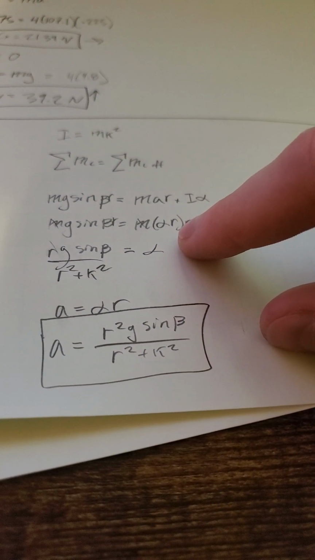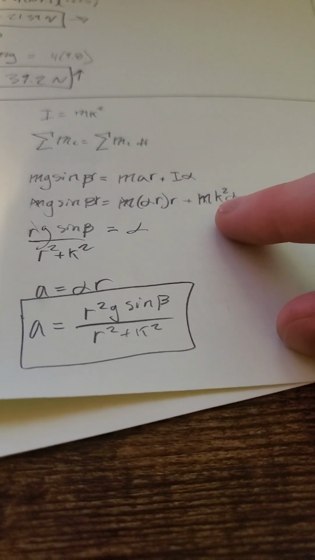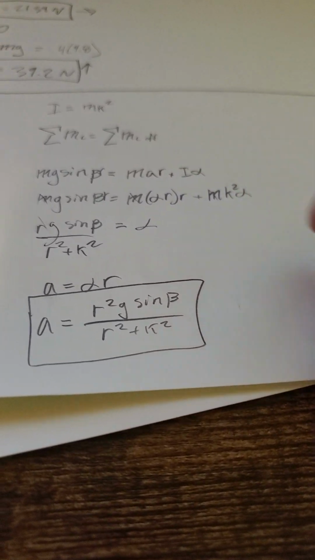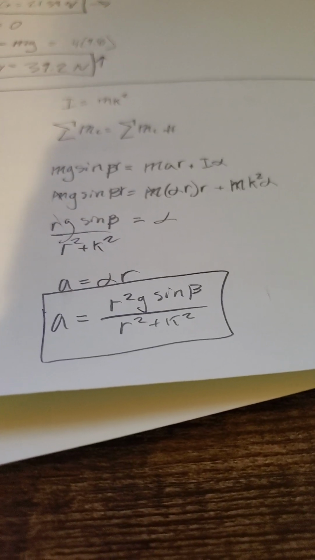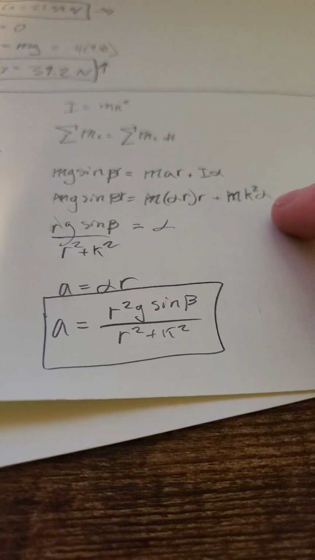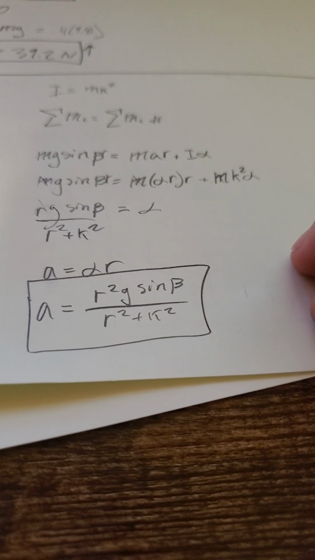Just like the previous problem, we know acceleration can be alpha r, so that's going to give us r squared. And then I can be written as mass times radius of gyration squared times the angular acceleration. So yeah, just write it out this way. You just solve for angular acceleration pretty easily.